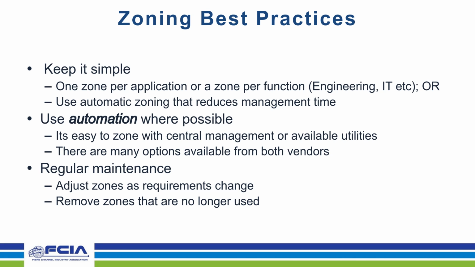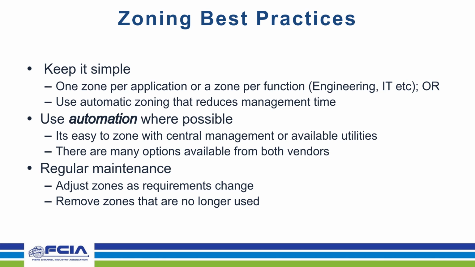One zone per application, for example, where your application needs access to all the storage. And that's where what Rupin was talking about, peer zoning, comes into play. Because with your storage devices, you can start from there and say which servers need access to this device and limit the visibility into that.